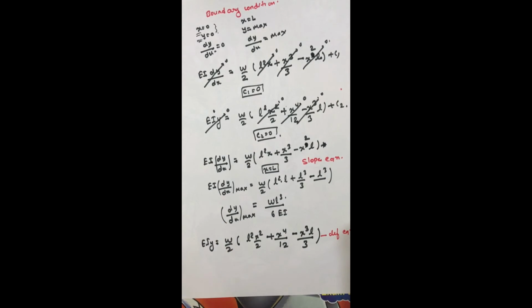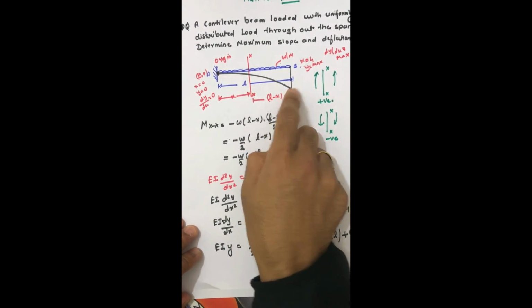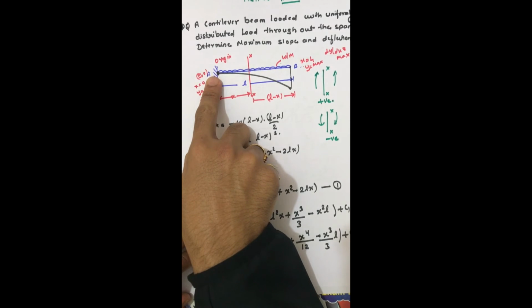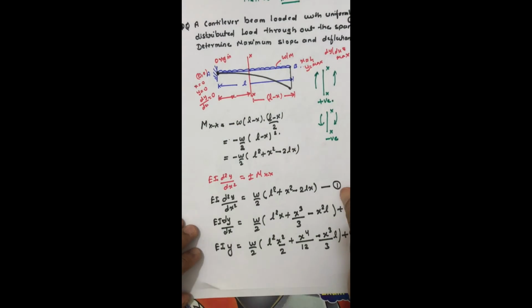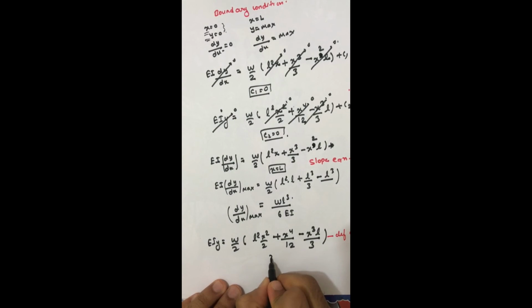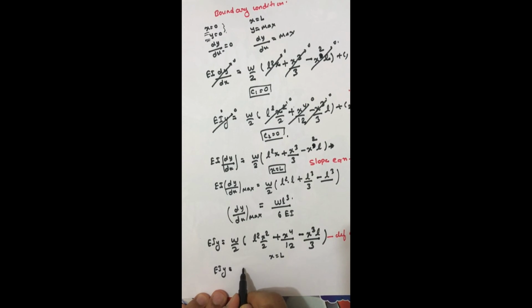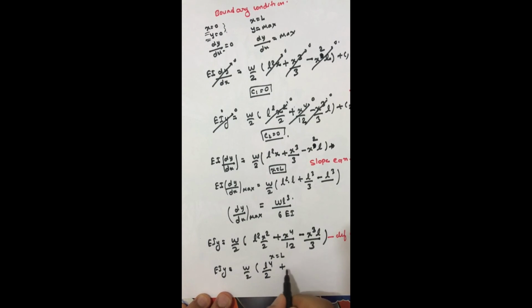Now I have to find the maximum deflection, and deflection will be maximum at x equals L only, because at the fixed point it will be 0, no deflection will be there. So I put x equals L in this equation. EI y equals w/2 times (L to the power 4 divided by 2 plus L to the power 4 divided by 12 minus L to the power 4 divided by 3).